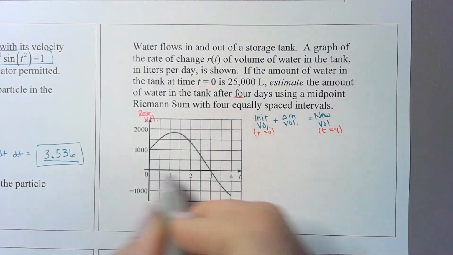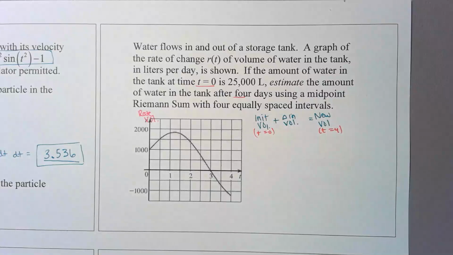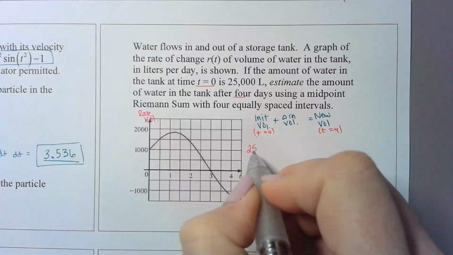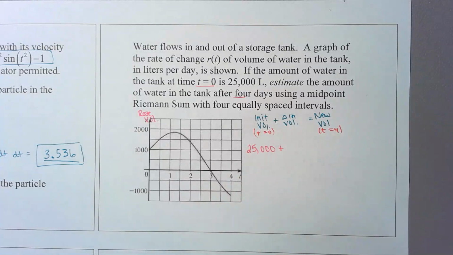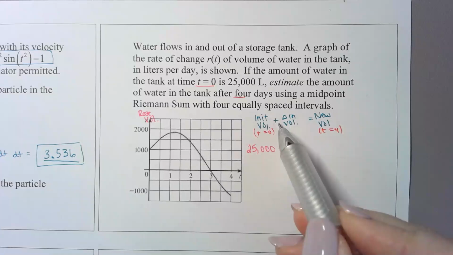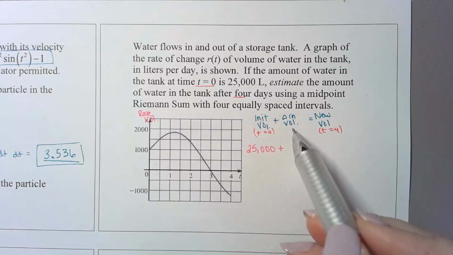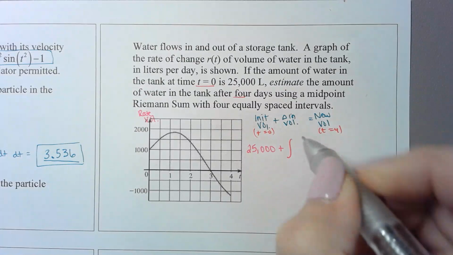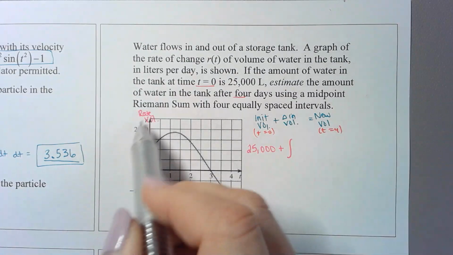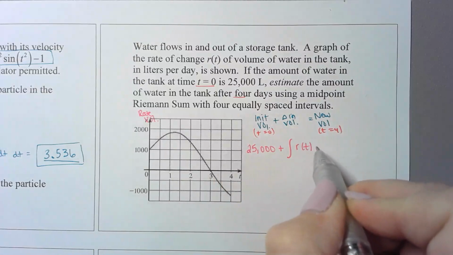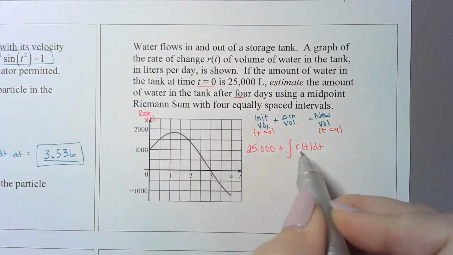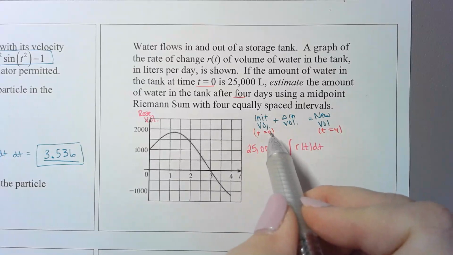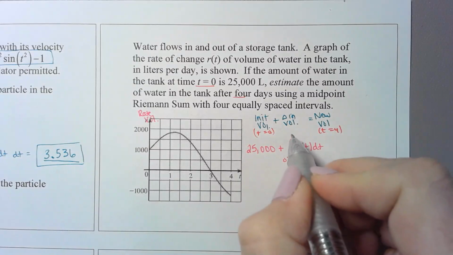Well, look at that. My graph does go out to 4 and stop. All right. Well, my initial volume is 25,000 liters. Then I want to find the change in the volume. Oh, we said if you want to find change, you need to integrate the rate of change of the volume. Oh, well, look at that. Let's then integrate that function they gave us from 0 to 4.